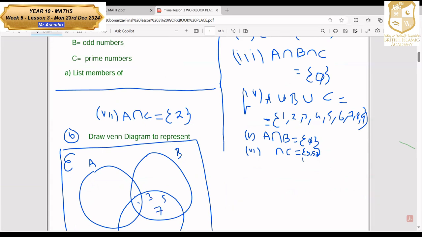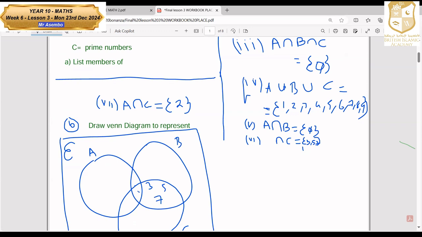Okay. Now, do we have those which are in A and C? Yes. Which one? 2. Put it there, where they are sharing. Now, do we have the one which is sharing A, B, and C? No, we don't have any in A and B and C. Now, which is remaining?